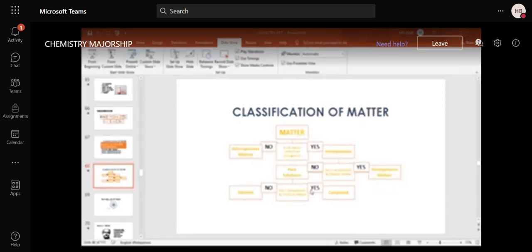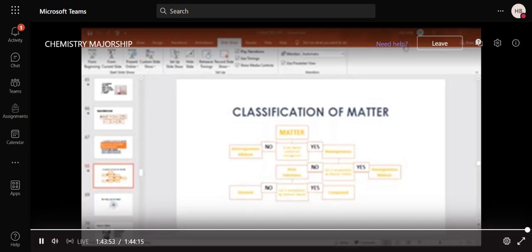So far, kumusta naman po ang ating lecture? Naintindihan niyo naman po ba?